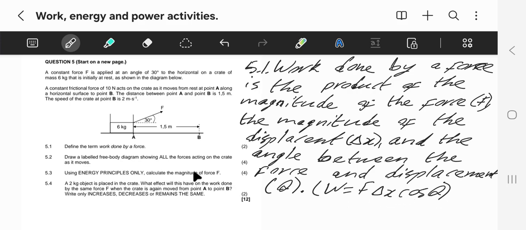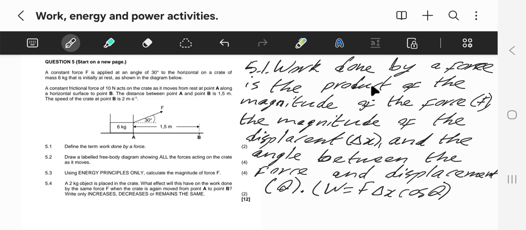On the exam guideline, they define work as this formula, and then they tell you that F is the magnitude of the force, delta x is the displacement, and theta is the angle between the force and the displacement. So that's another way in which you can define it.